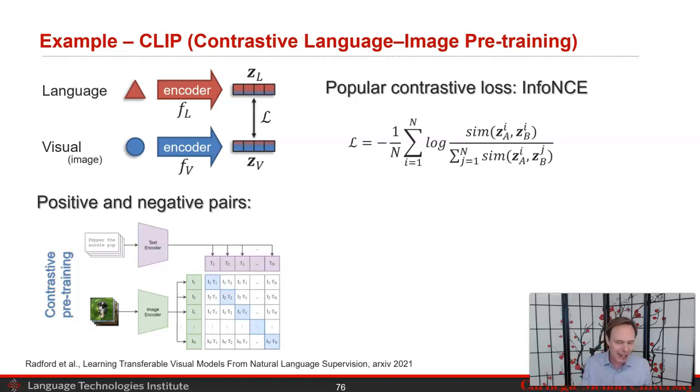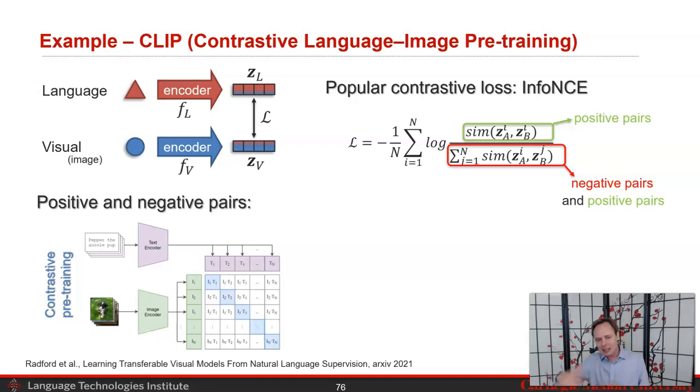It has a lot of the same idea behind it, where you want the positive pairs to be close to each other, and then it's divided by this other term that will force apart the negative pairs and the positive pair. But because we expect a lot more negative pairs than positive pairs, the positive pair doesn't have as much influence. And the similarity function can be, again, just a cosine similarity.